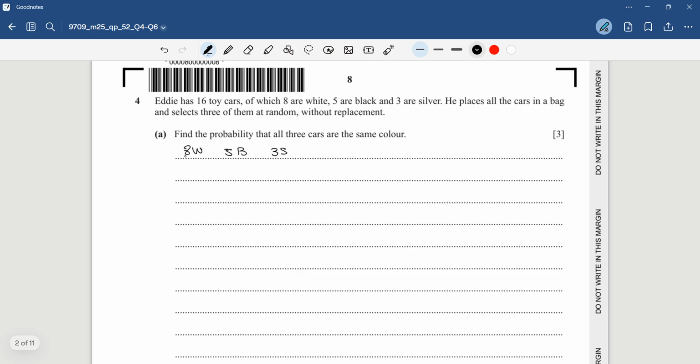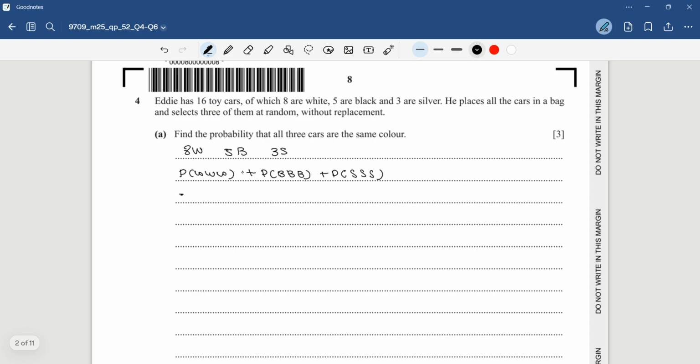So it can be all 3 white, or all 3 black, or all 3 silver. For this, I would prefer using the combination method rather than the probability directly. So white, white, white, or black, black, black, or silver, silver, silver.